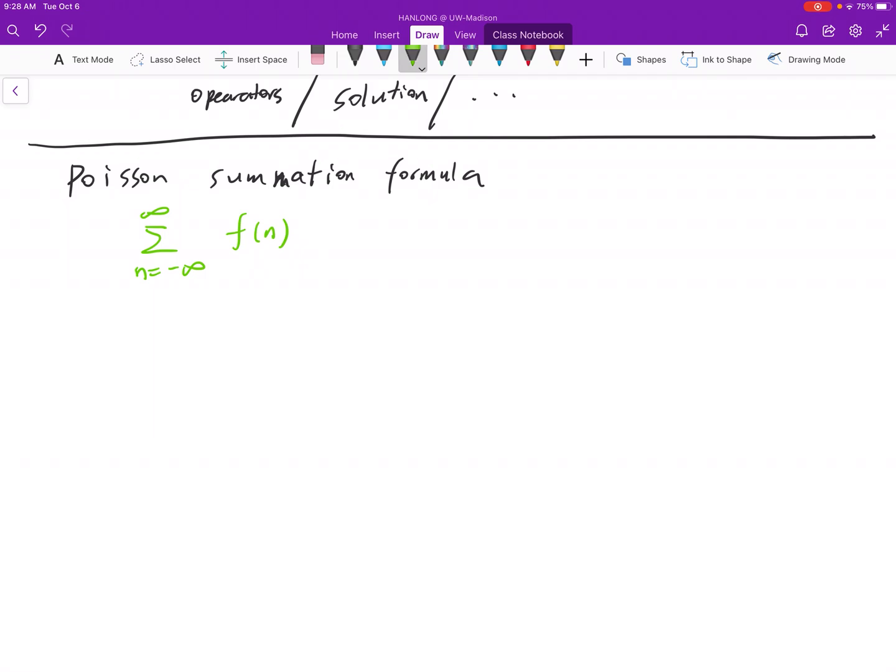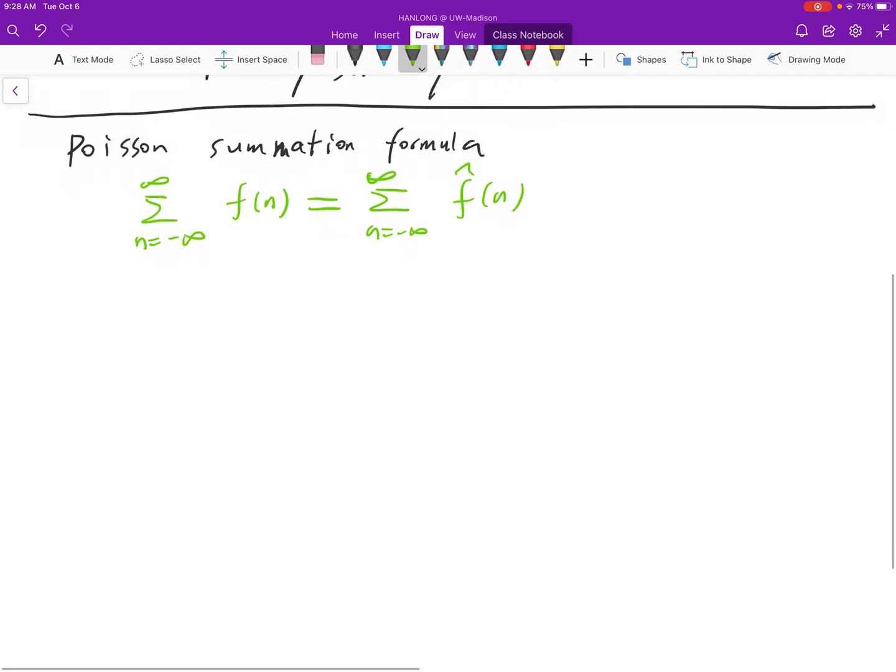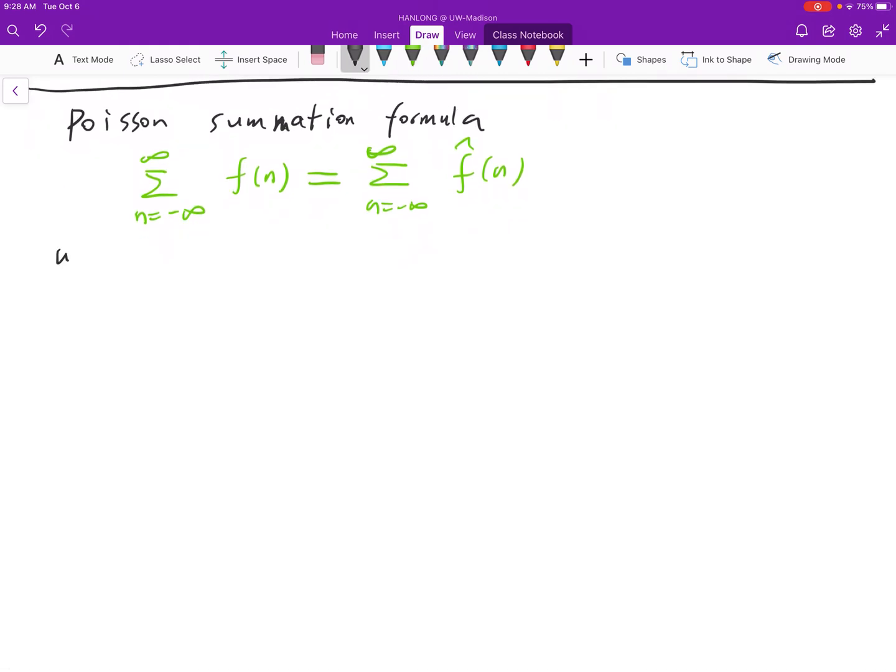The formula says this equals the summation of f hat(n), n from negative infinity to infinity, where f hat(ξ) is the integral of f(x) times exponential of negative 2 pi i ξ x dx.